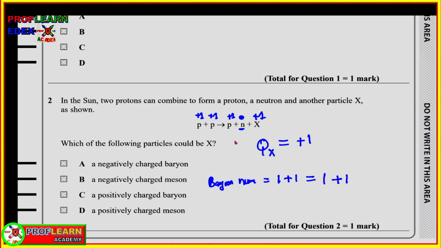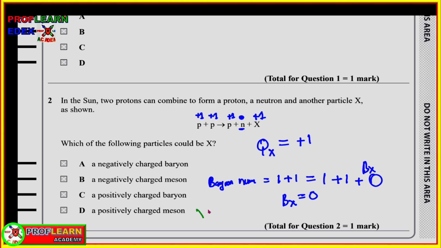The baryon number of a neutron is 1, so this must have a baryon number of 0. Because we are saying plus B_X, which means that B_X, the baryon number of X, must be 0. Therefore X is a positively charged meson.